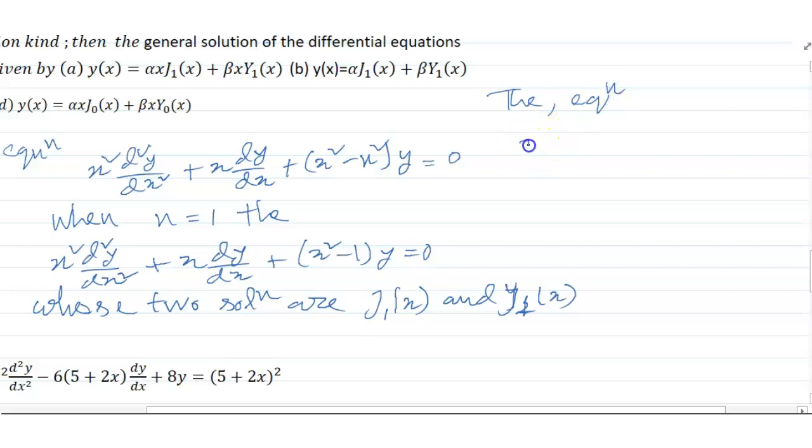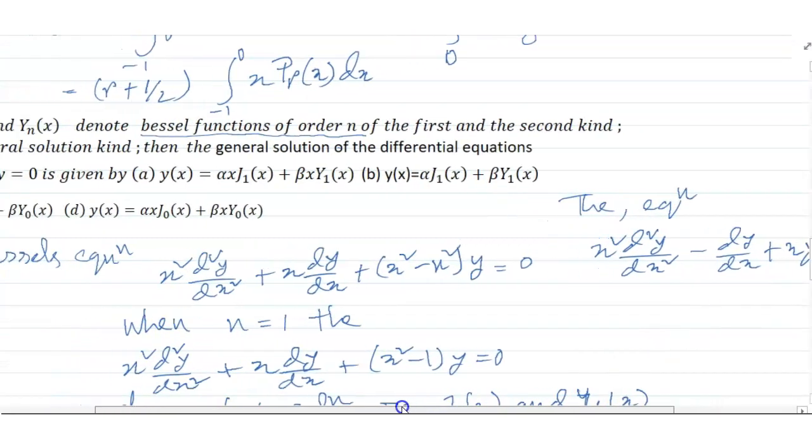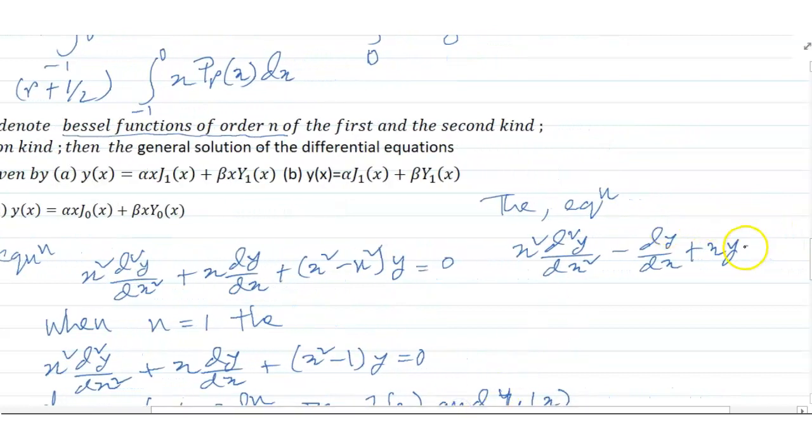My given equation is x square d square y divided by dx square minus dy by dx plus xy equals to 0.